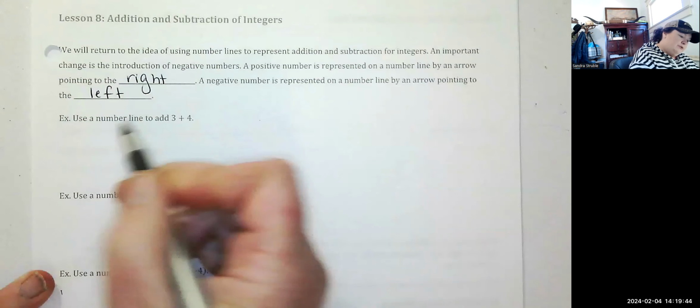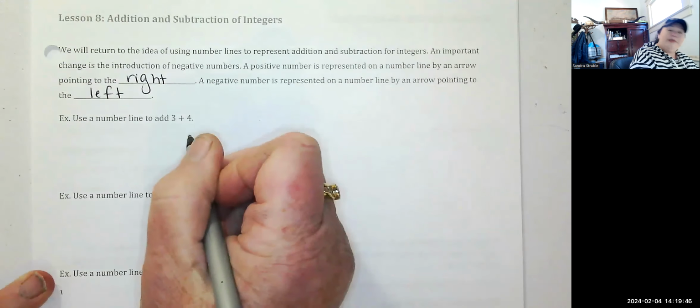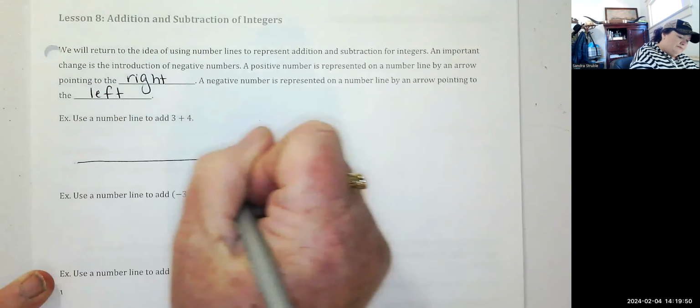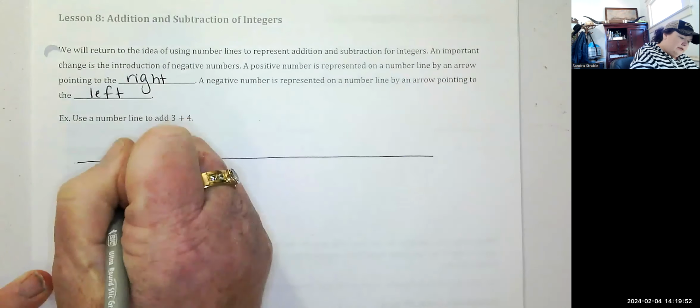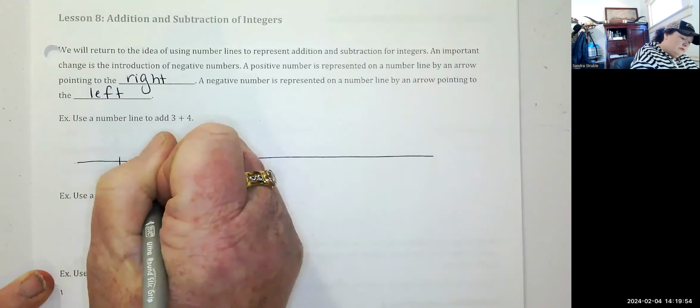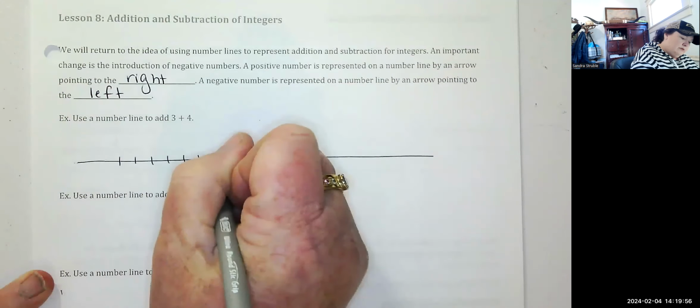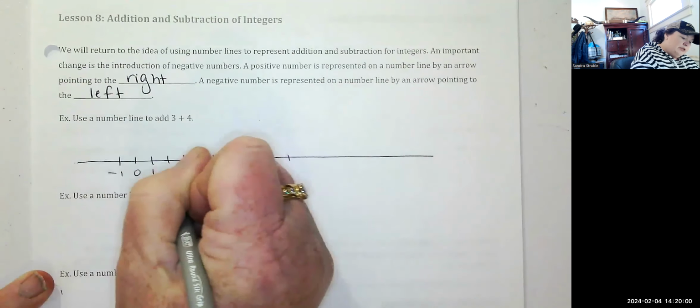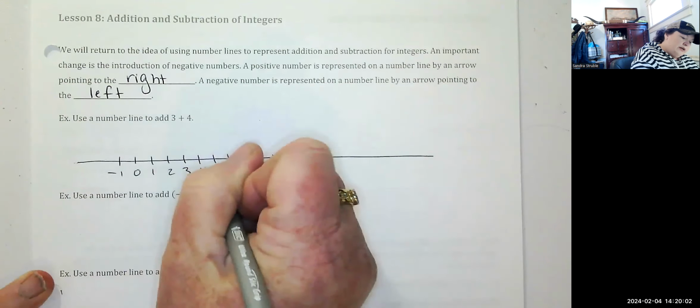Okay, so use a number line to add 3 plus 4. So if we have a number line and let's throw some numbers in here: -1, 0, 1, 2, 3, 4, 5, 6, 7, 8, 9. Yeah, 10's good.